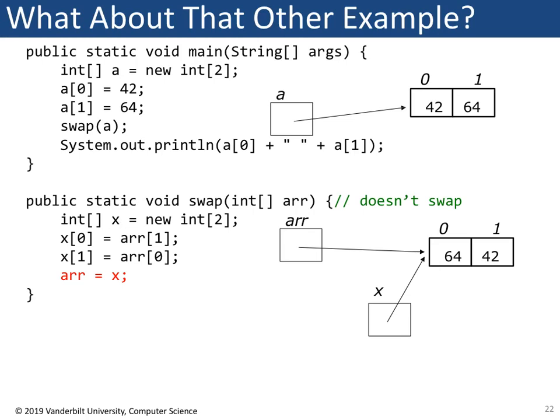So now ARR points at the same object as X. This is the reason that when we go back out to the caller and print element 0 space element 1, it's unchanged. We actually didn't do anything to this object. We copied the address into a parameter, and we copied elements from this object into a new object, but we actually didn't do anything other than just read the values which were already stored in this array.